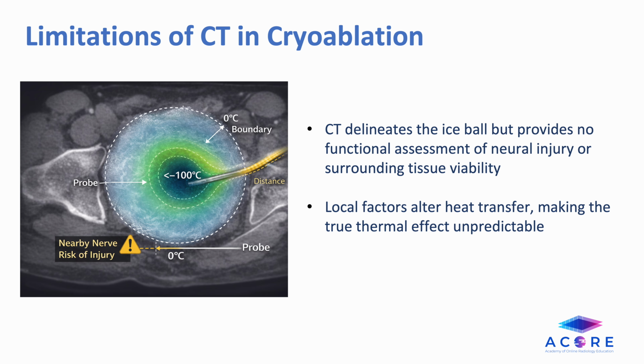Second, CT cannot distinguish between sublethal, therapeutic, and excessively cold zones within the ice ball. This means we cannot determine whether a nearby nerve is safe, reversibly injured, or at risk of permanent damage. And more importantly, local factors such as an adjacent blood vessel acting as a heat buffer can significantly alter the temperature distribution, making the actual thermal effect very unpredictable.